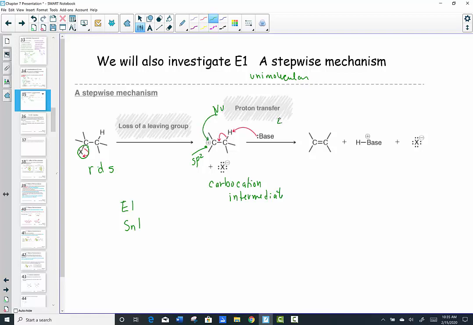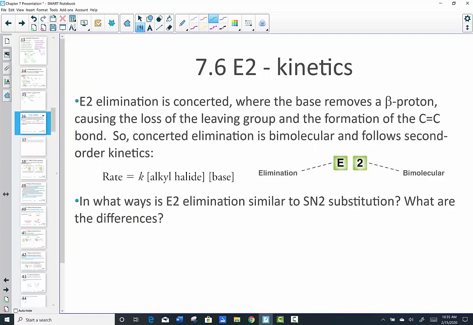In an E1, a base transfers a proton, forming an alkene. I bring this up so we remember this is coming in the next lesson. We've studied SN2, we are now investigating E2, and coming are the unimolecular mechanisms, E1 and SN1.